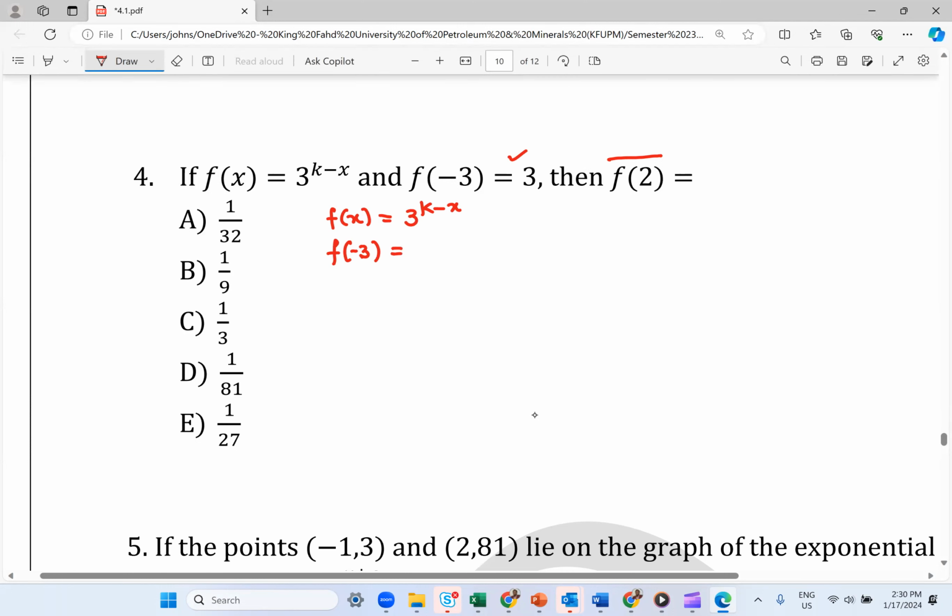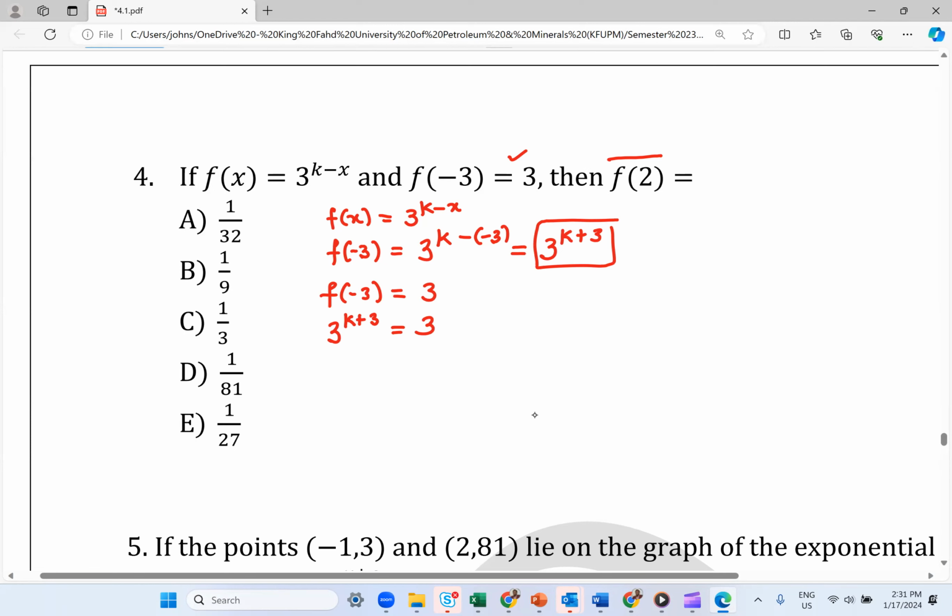What is f of minus 3? This will be 3 to the power k minus minus 3, so this is 3 to the k plus 3. But we know that f of minus 3 is equals to 3. So this will be 3 to power k plus 3 is equals to 3.